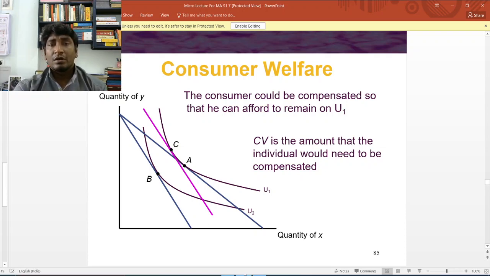A consumer could be compensated so that he or she can afford to remain on U1, and this much money has to be pumped in. So there is a difference. CV is the amount that the individual would need to be compensated.